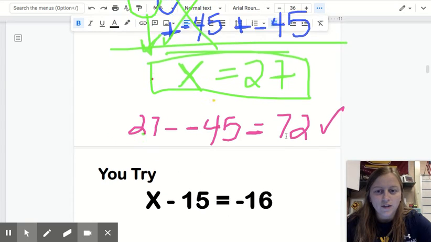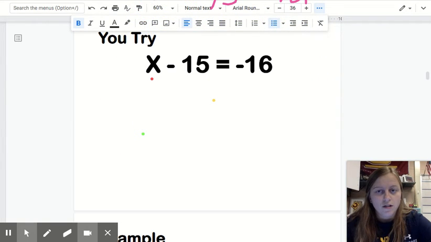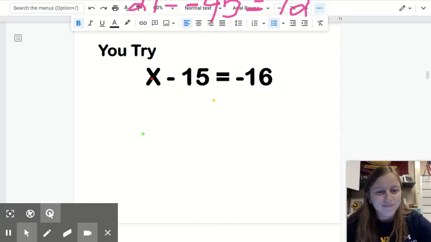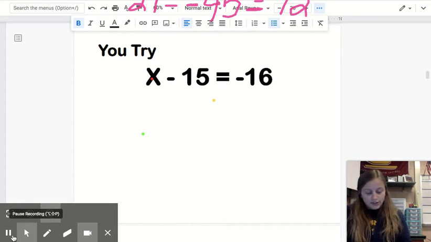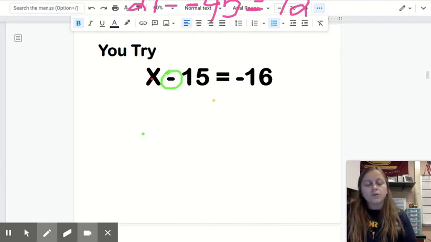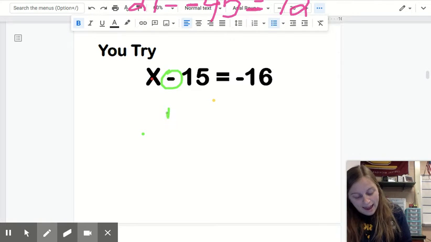All right, let's go ahead and look at this one you tried. So remember, we're trying to get x all alone by showing inverses on both sides. Pause the video while you try it. All right, so I see that the type of math I'm dealing with here is subtraction. So to get rid of subtracting 15, I do the opposite, and I add 15.